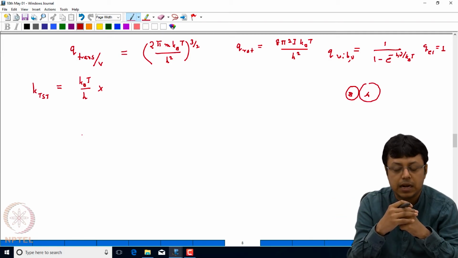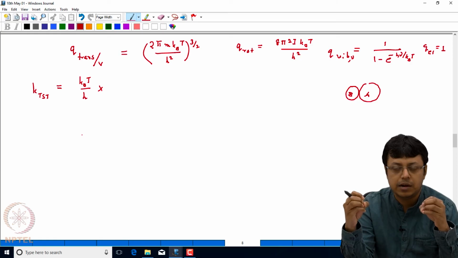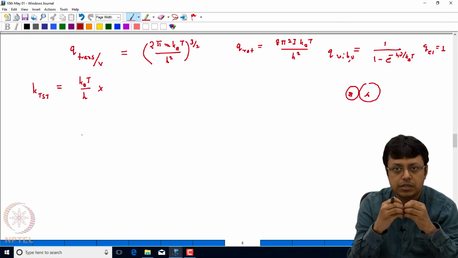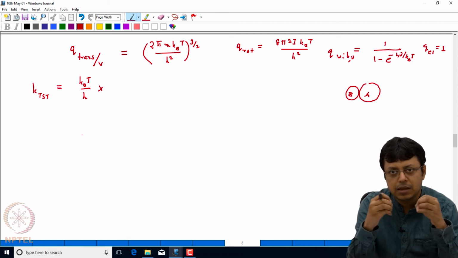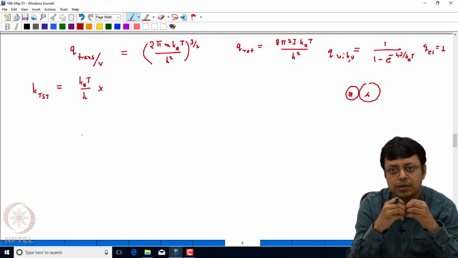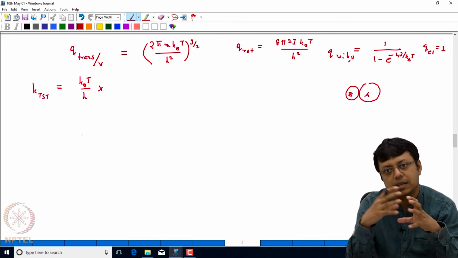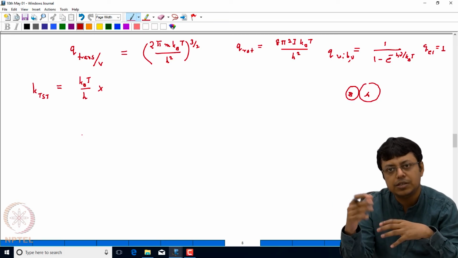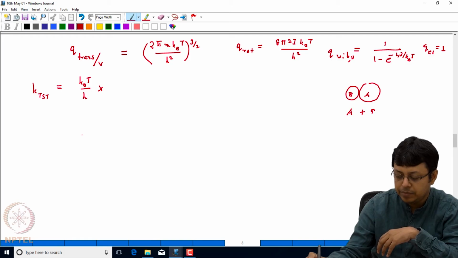Although this is not a very correct thing, because you can imagine that I have a hard sphere atom or molecule A, and another hard sphere atom or molecule B, and they are forming the transition state, and there is some vibration, but it is not exactly the vibration along AB, because that vibration will not give you a reaction, it will just give a situation where A and B are apart. So what we are saying is that it's a linear thing, and there is some particular vibration that gives me the reaction A plus B giving product.